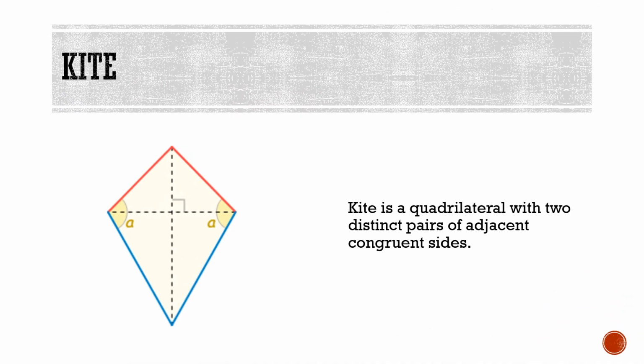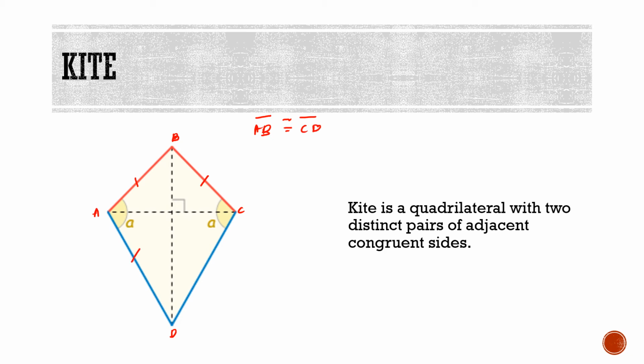Last is the kite. A kite is a quadrilateral with two distinct pairs of adjacent congruent sides. So let's say this is kite ABCD. The adjacent side of side AB is side CB. So we can write this as side AB is congruent or equal to side CB.